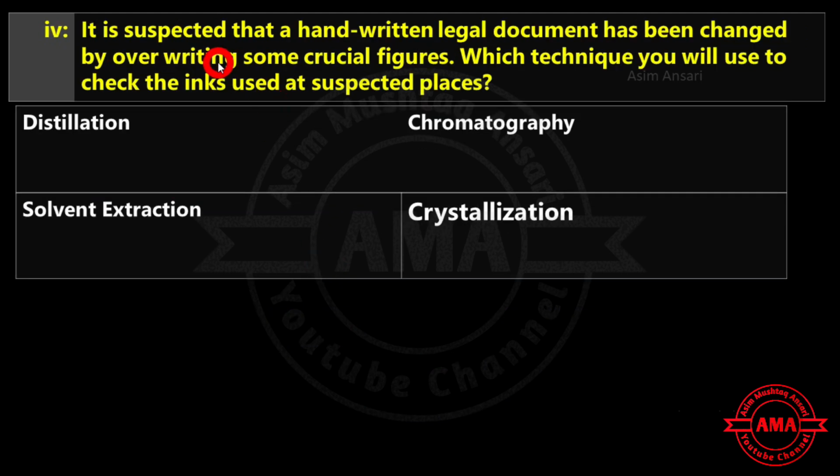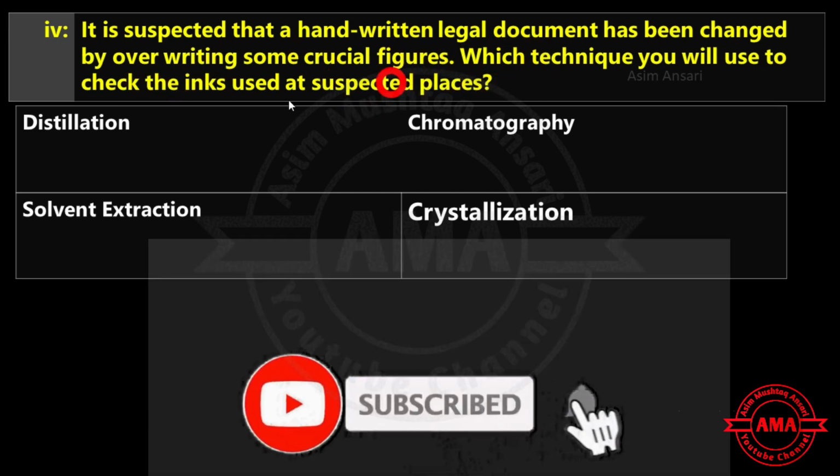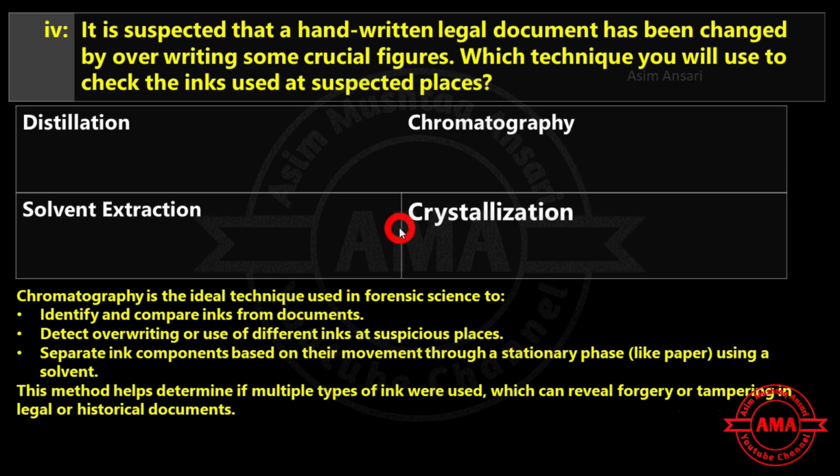Next is: It is suspected that a handwritten legal document has been changed by overwriting some crucial figures. Which technique will you use to check the inks used at suspected places? Distillation, chromatography, solvent extraction or crystallization.